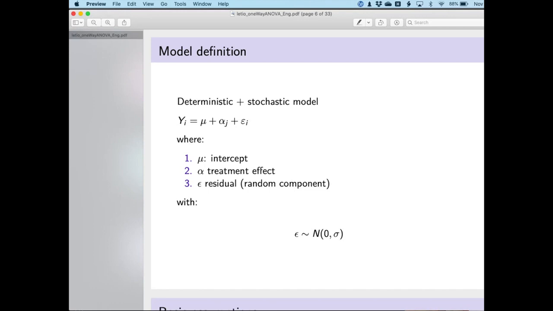Then we have the third component, which is purely stochastic. So every observation has an error which is specific to that observation, and it relates to sampling error or measurement error or whatever.